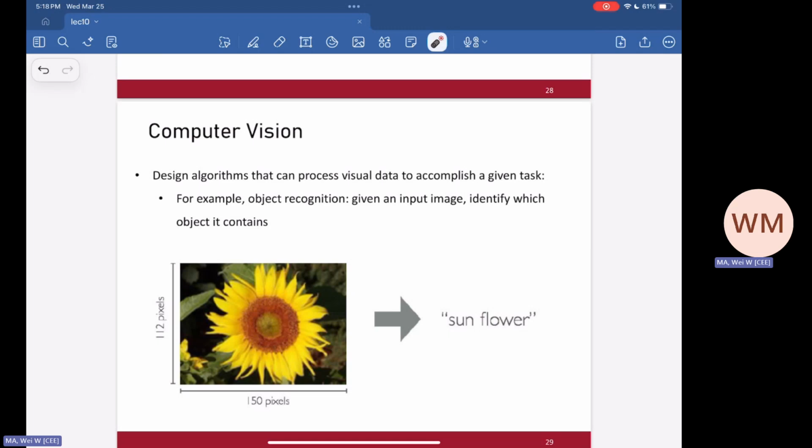The key issue is that the input will be an image or a video, and the output is something that helps you understand the image.